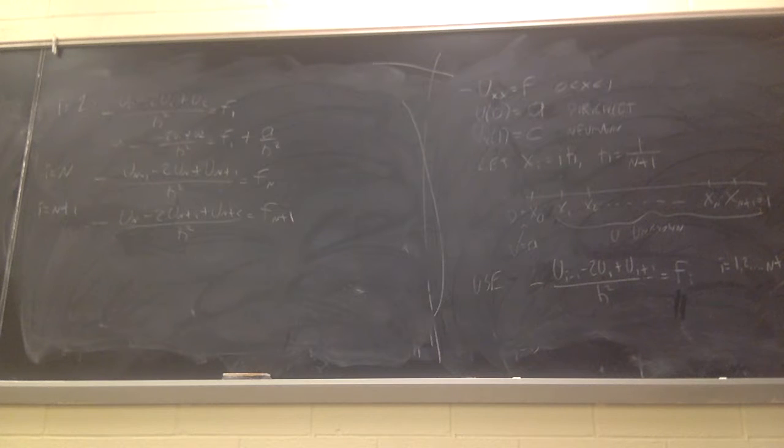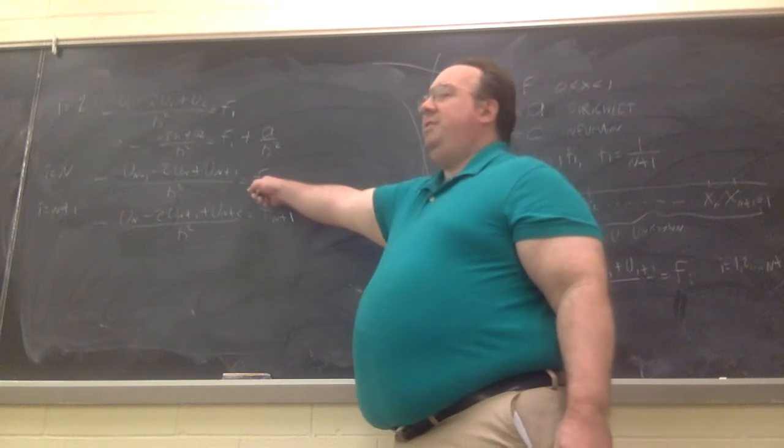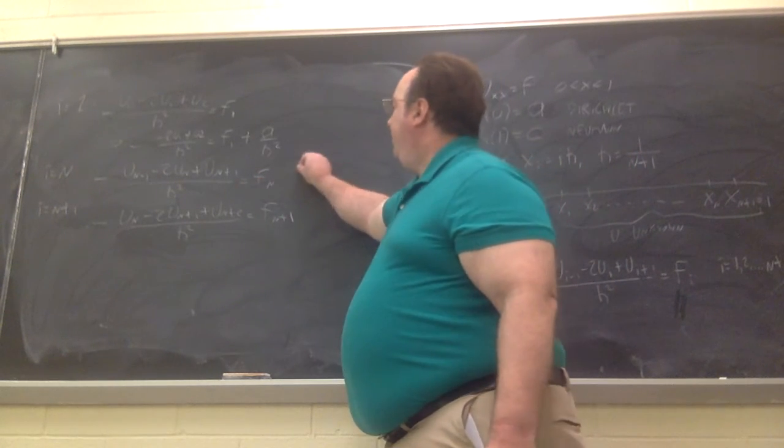Now, the thing is, anything involving an unknown, like my unknowns are u1 up to un plus 1, I don't have to do anything about those. I can leave them the way they are. So I don't really have to do anything with this equation. This one's okay.